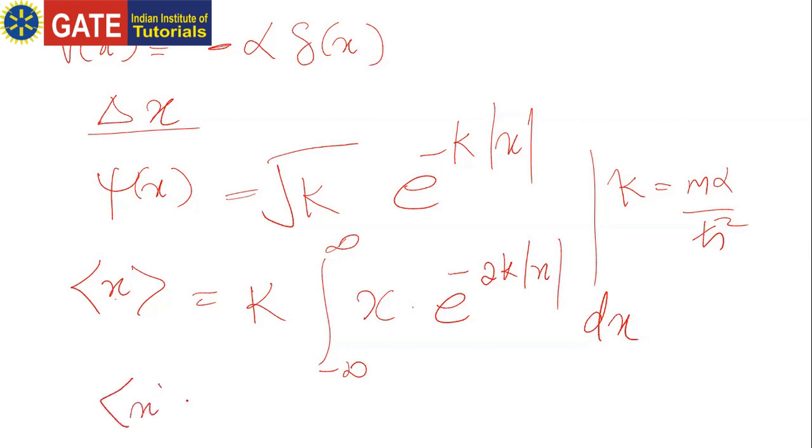What is expectation x now? 0, ma'am. 0. How? Even limit and odd function. Now find expectation x square. Minus infinity to plus infinity, even limit. Odd into even is 0.